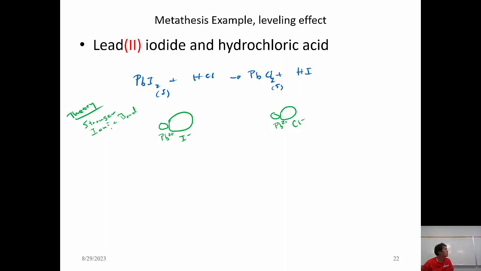But the difference is in terms of what we call charge density. So here we have the -1 charge spread out over a bigger volume. Here we have the -1 charge more concentrated in a smaller volume. And so in terms of charge attraction, the PbCl ionic bond should be stronger.